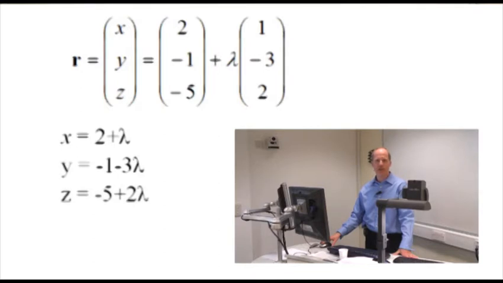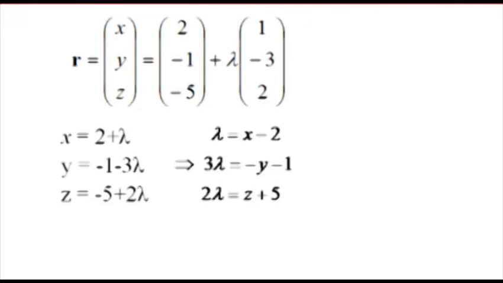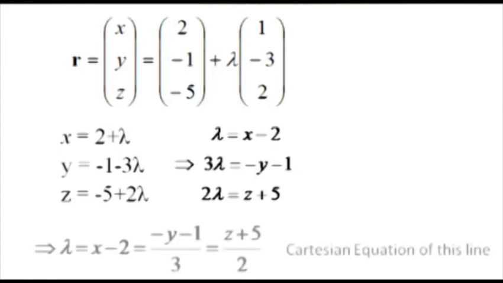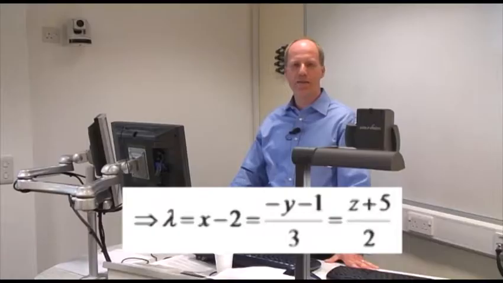If we rearrange these equations, we find that lambda is x minus 2, 3 lambda is minus y minus 1, and 2 lambda is z plus 5, so that by equating each expression for lambda, we can obtain the Cartesian form of this line, equivalent to y equals mx plus c. We obtain the Cartesian form of this line in the form lambda equals x minus 2 equals minus (y minus 1) divided by 3 is equal to (z plus 5) divided by 2.